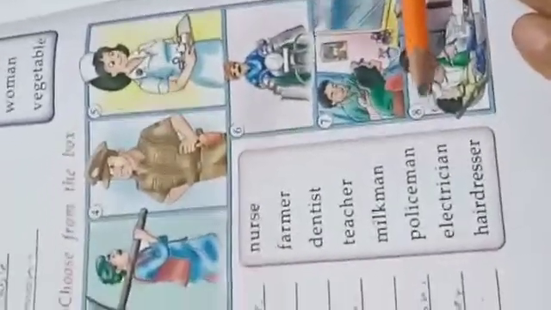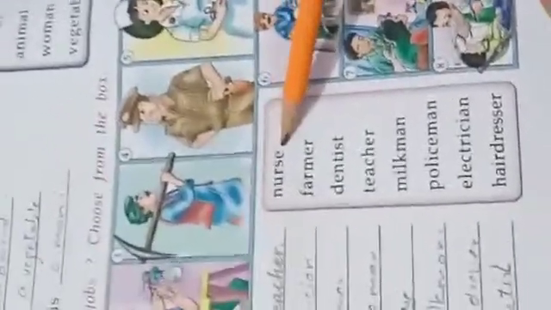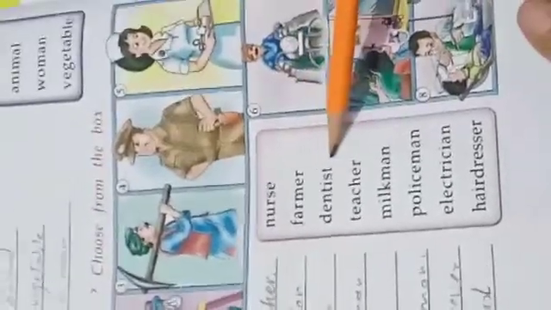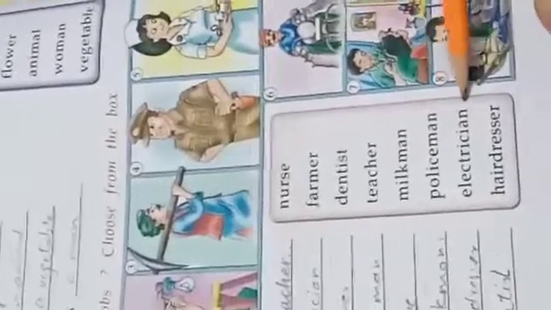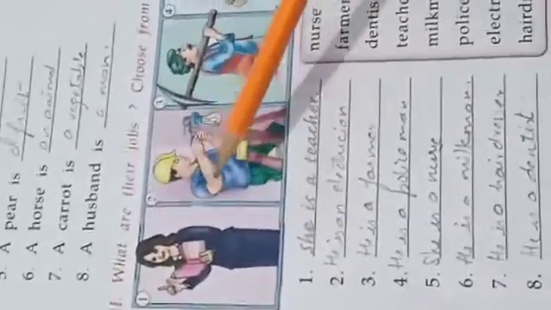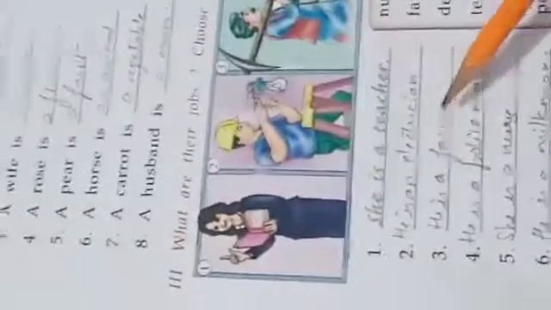Now here you see some pictures given from 1 to 8. Words are given: nurse, farmer, dentist, teacher, milkman, policeman, electrician, hairdresser. Now you see this lady. What do you feel she is? So you write, she is a teacher. He is a farmer.